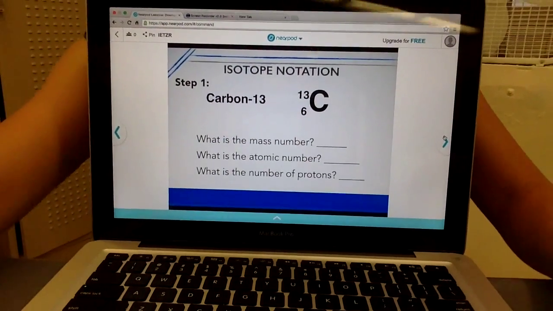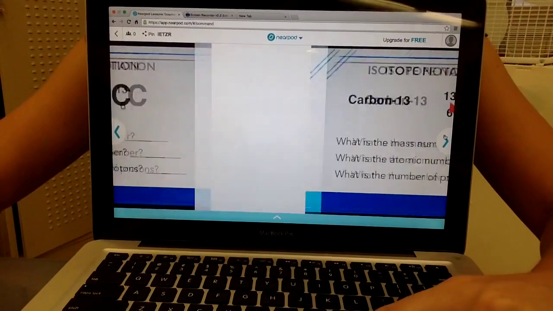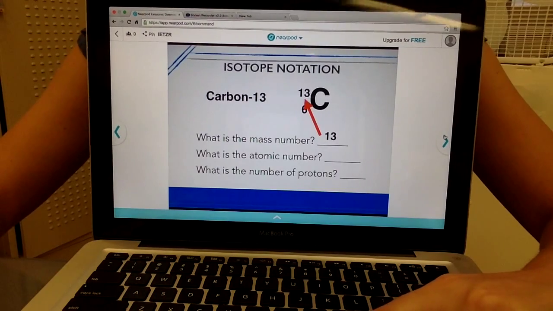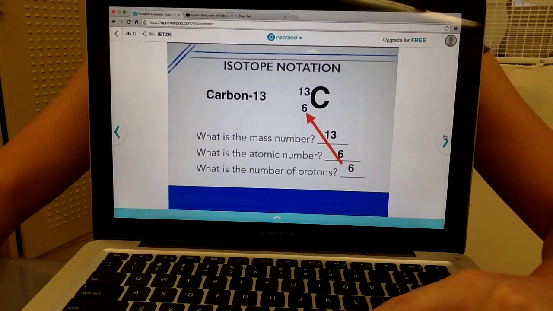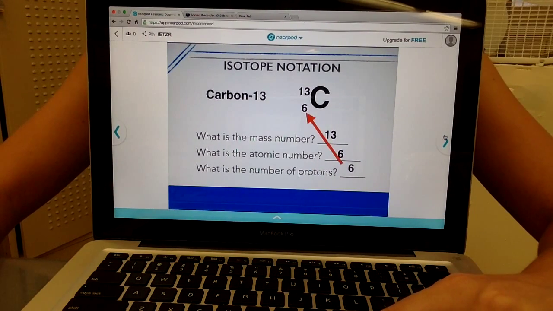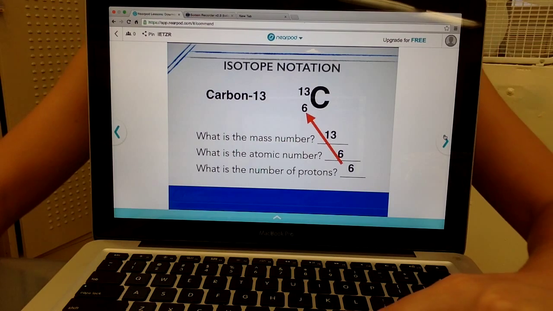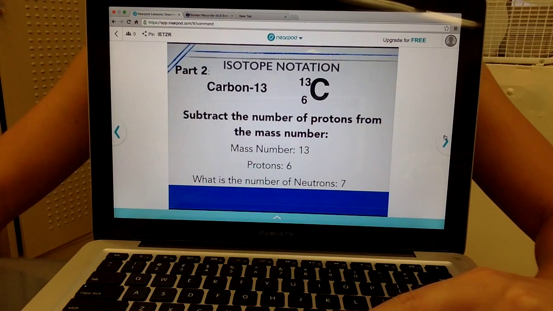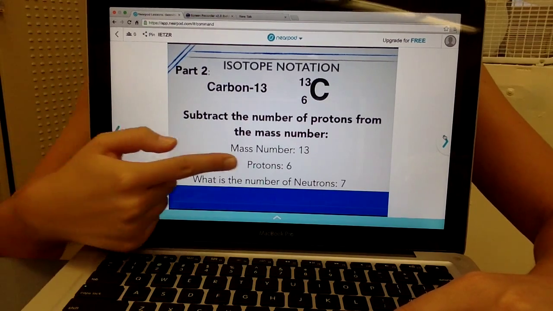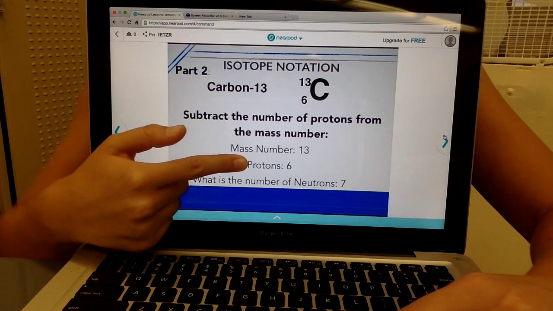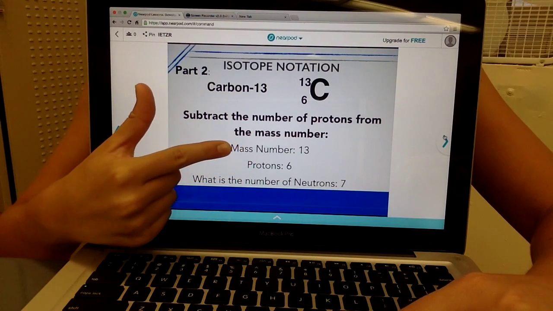You can see that the mass number is going to come from the top number, 13. The atomic number is listed on the bottom, number 6. And the number of protons is also listed because it's the same as the atomic number. Now, with this information, to figure out the number of neutrons, all you have to do is subtract the bottom number, the number of protons, from the top number, the mass number.